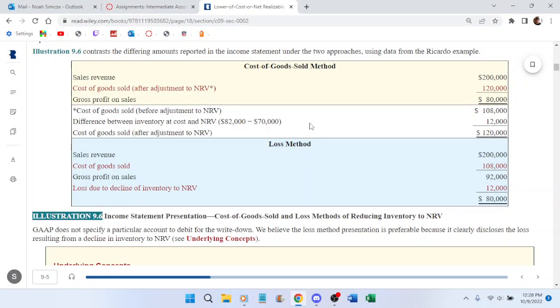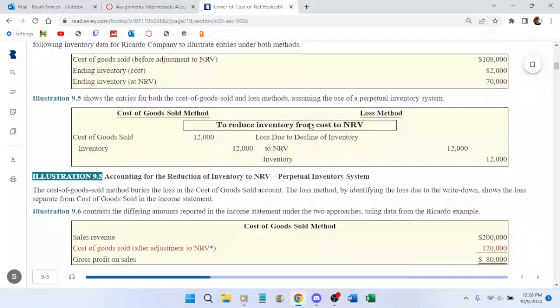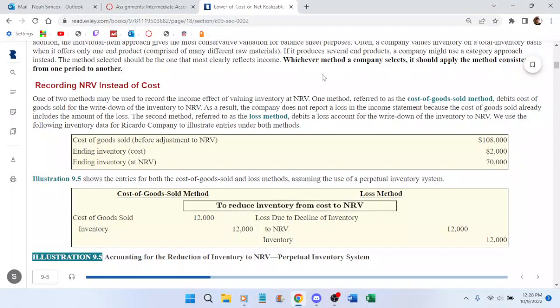The information they've given us is that cost of goods sold is $108,000, ending inventory cost is $82,000, and ending inventory cost at NRV is $70,000.